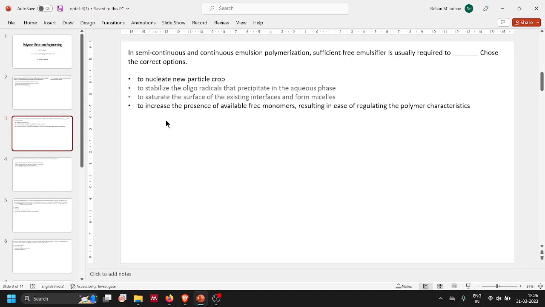What happens in the homogeneous nucleation process is that there should be sufficient free emulsifiers available to stabilize the oligoradicals that precipitate in the aqueous phase.